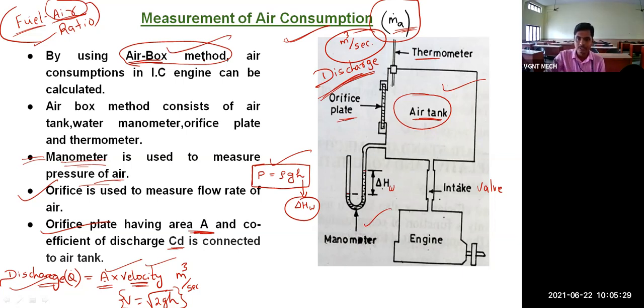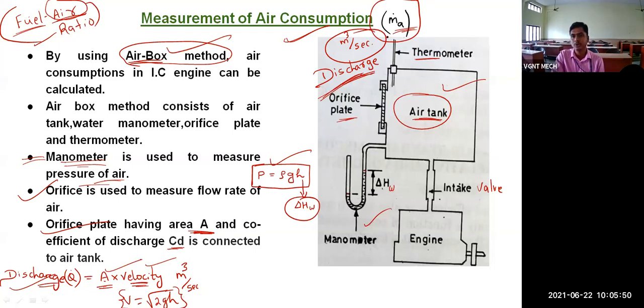Today we have discussed the construction. You have to draw this diagram and write some 4 or 5 points regarding this air box method. Tomorrow we are going to discuss how, by using this air box method, we calculate the mass flow rate of air.